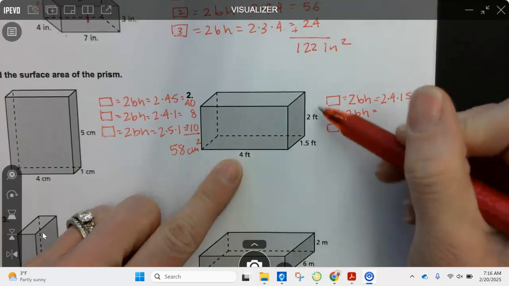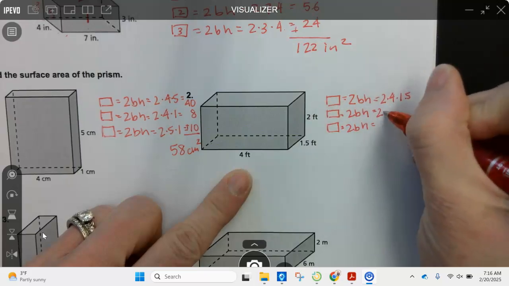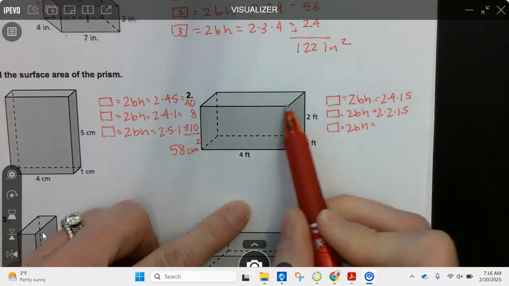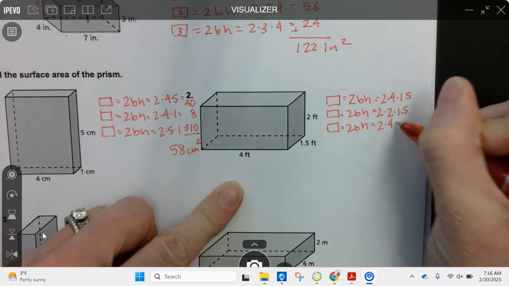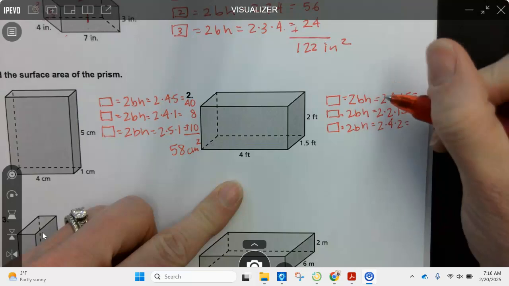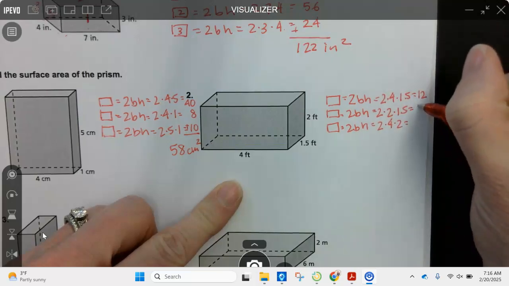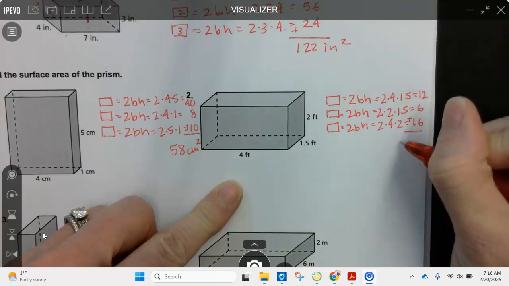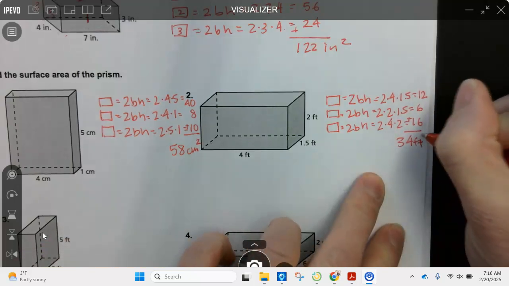The next one, we can do this side one over here, so it's 2 times 2 times 1.5. And then finally, we could do the front one, which is the biggest one here, which is 2 times 4 times 2. If we do all of that, use a calculator, you get 12, and 6, and 16, and if we add those up, we get 34 feet squared.